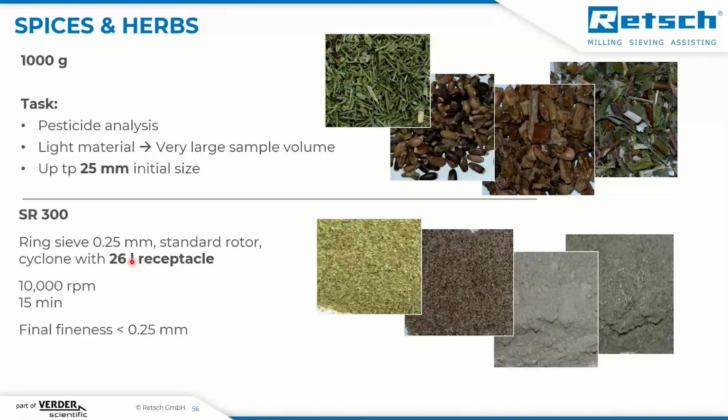So it's perfectly suited for the SR300. We took 15 minutes for each of these 1 kg samples. It takes a little bit of time to bring the large sample volume through the system, but I think 15 minutes is okay. And 0.25 millimeter was the result.